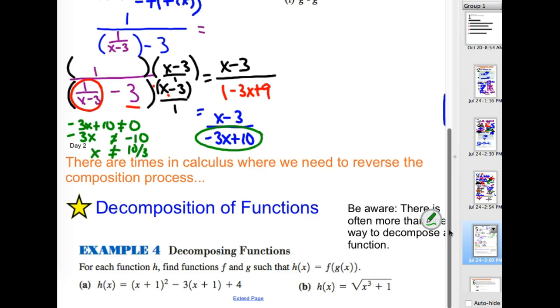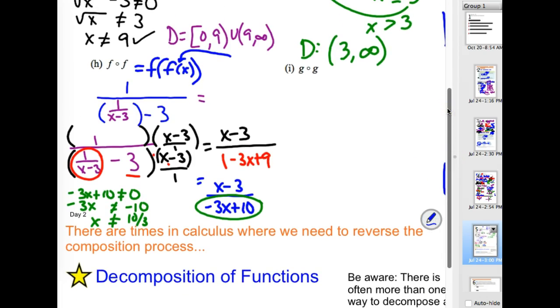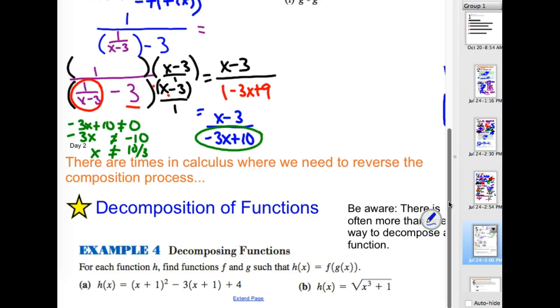So in addition to eliminating the 3 from this inside function here, we also have to eliminate the number 10/3. Okay, so my domain, we're going to start at negative infinity, we're going to jump over 3, and then we're going to go from 3 and jump over 10/3, and then we can continue on past 10/3.